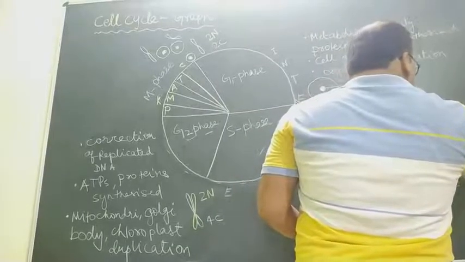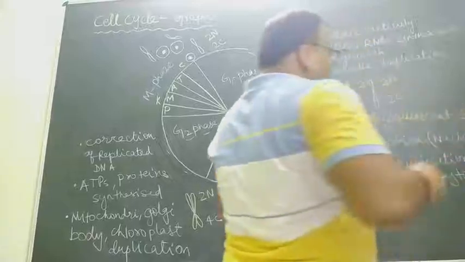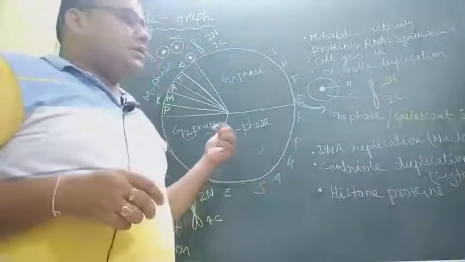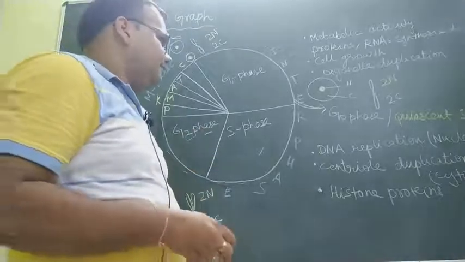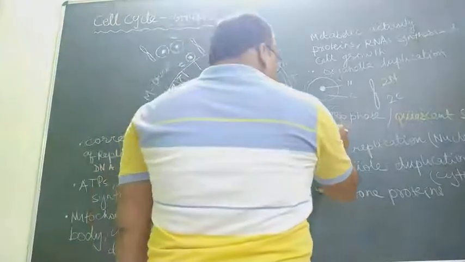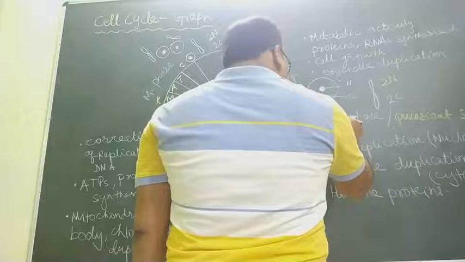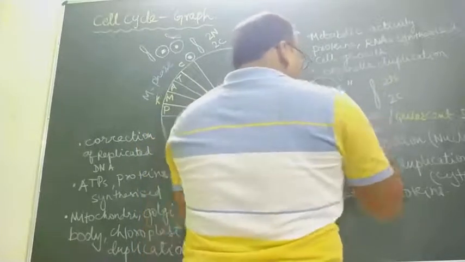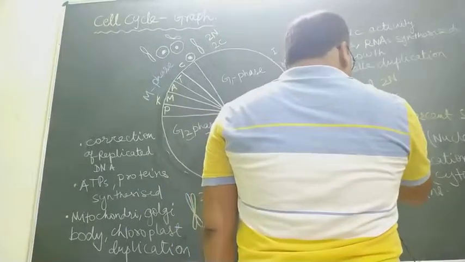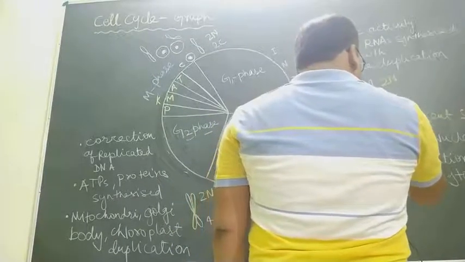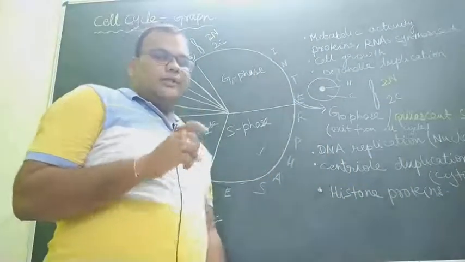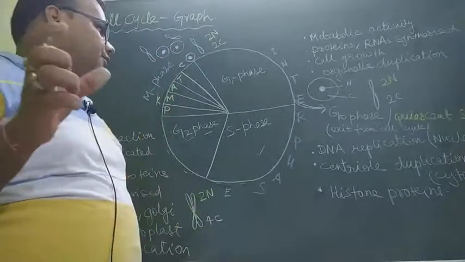Quiescent stage, where no actual division takes place in the cell, but metabolically and functionally the cell is active. So it is actually exit from cell cycle. ये एग्जिट तभी होगा if the cell is properly divided, means it has completed its G1 phase.